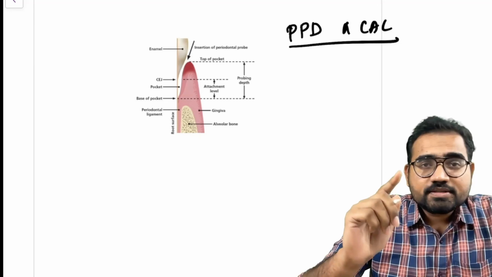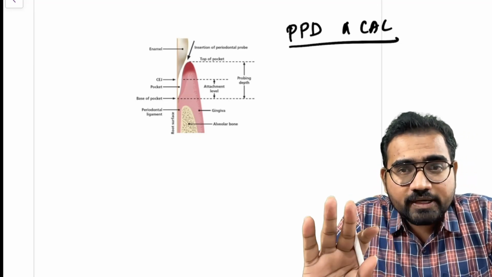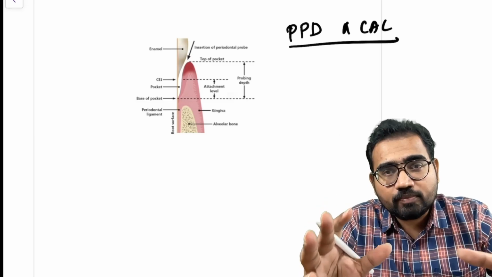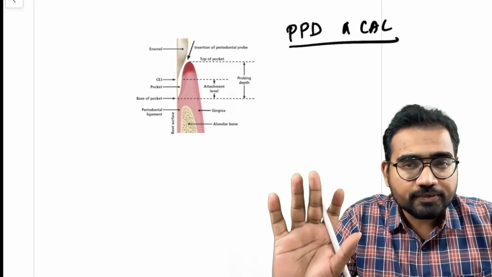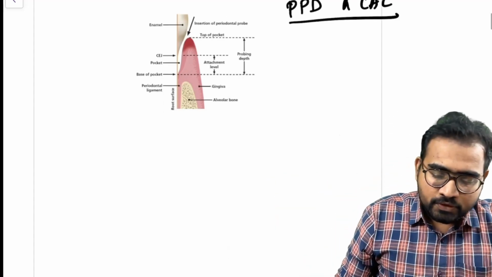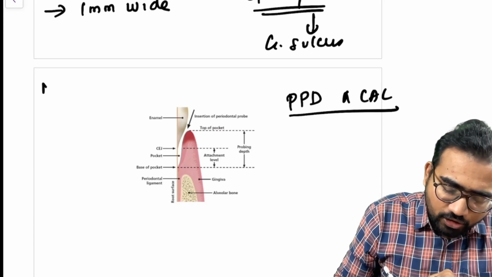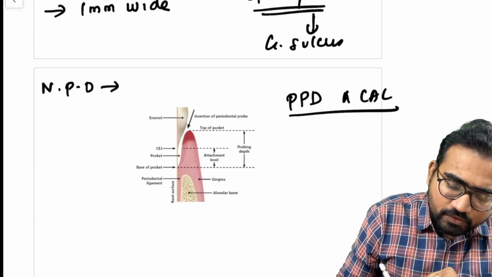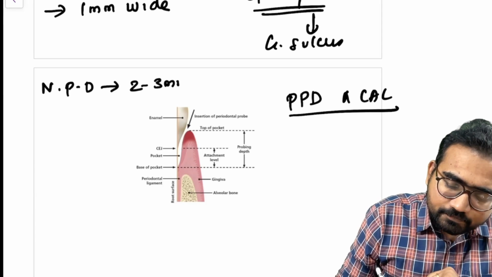PPD is nothing but periodontal probing depth, where I insert the probe into the sulcus, measure the value and write it down irrespective of whatever it may be. So what will be the normal probing depth? The normal probing depth will be 2 to 3 mm.